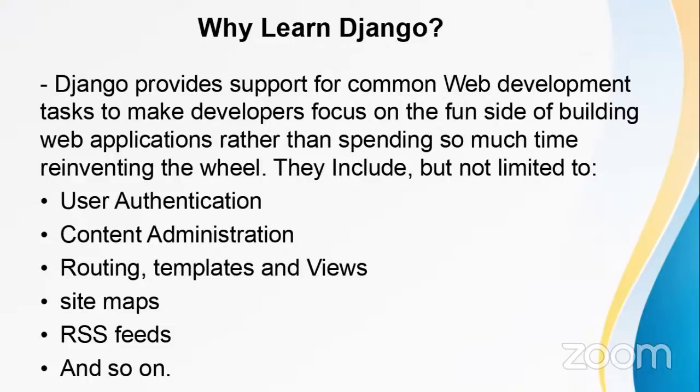You will understand the usefulness of these as we go on, especially the content administration, because with Django, we get a free admin site or admin panel where we can manage our applications. We don't have to build content administration from scratch again. Django also offers us routing, templates, and views to build applications.